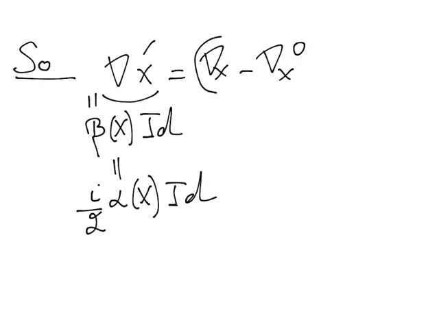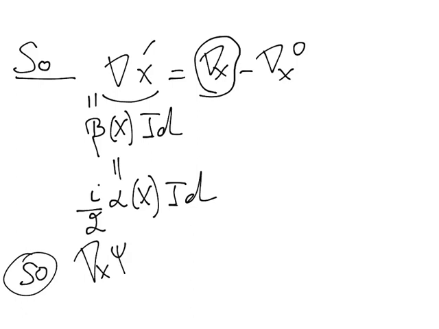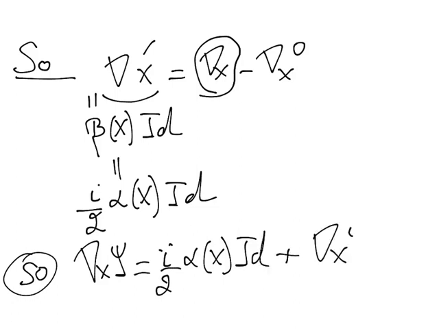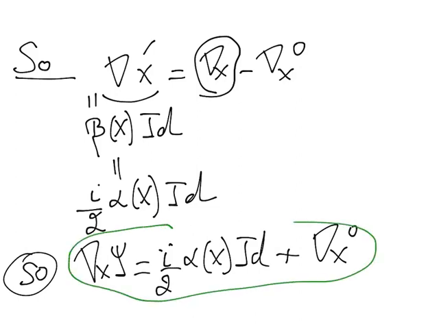So in conclusion, the spinorial connection is given by nabla x of psi equals I over 2 alpha of x identity plus nabla x c. And that's the desired result, or what we wanted to prove. So I had added the psi here, so I should make it clear by adding psi here and psi here. This is the local formula, or the local expression, of the Levi-Civita spin C connection.